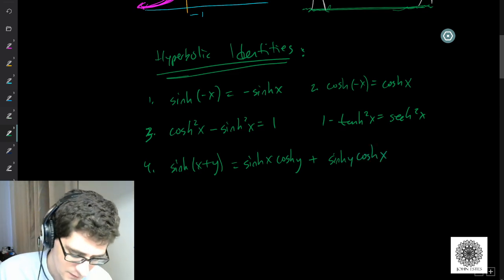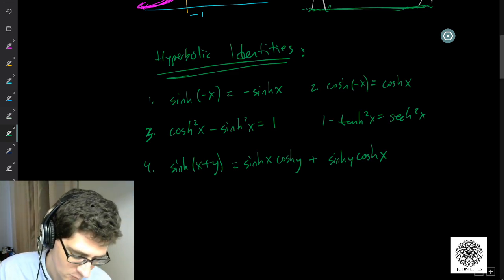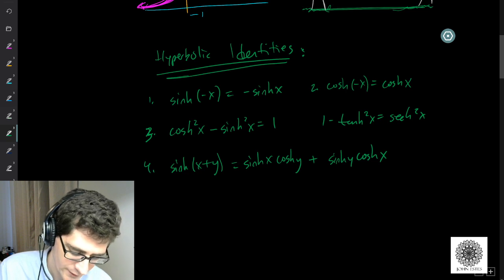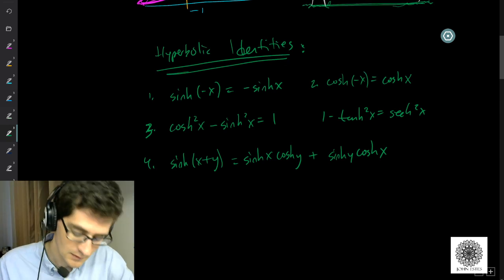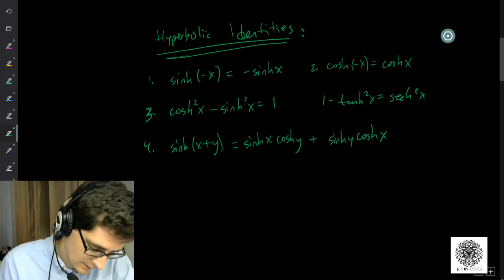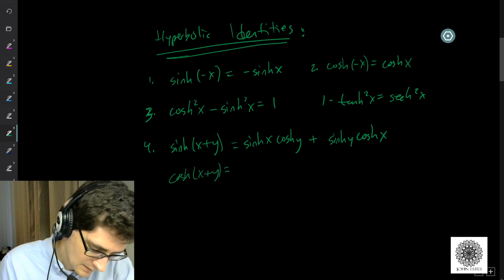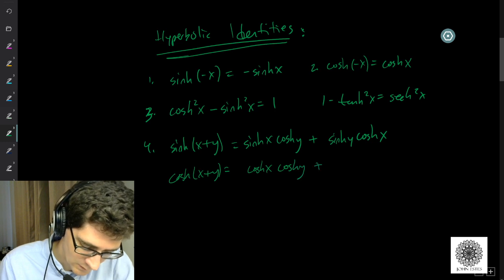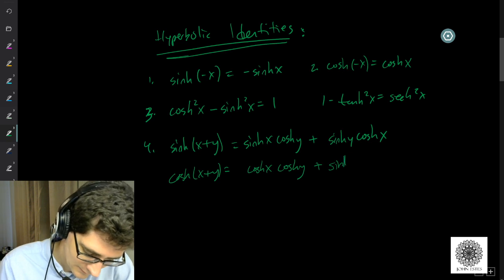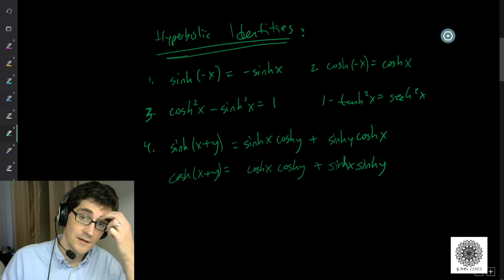Now, the only way that's different from normal trig is that normal sine of x plus y is sine x cosine y plus sine y cosine x. And cosh of x plus y is cosh x cosh y plus sinh x sinh y.